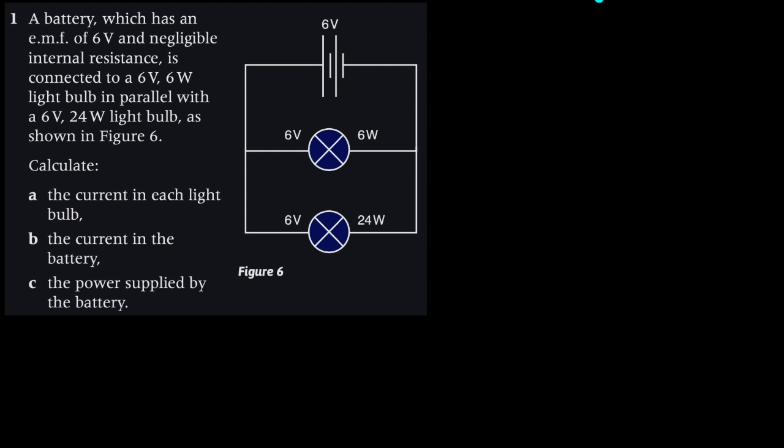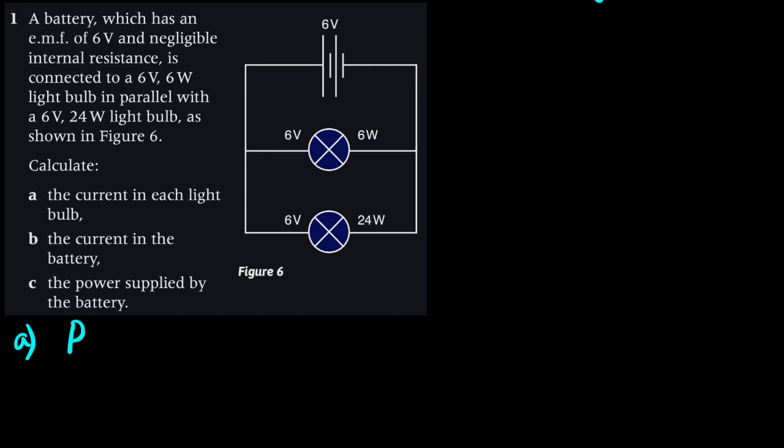So in each light bulb, how can we calculate the current? Because both of these are in parallel, the potential difference across this is also going to be 6, equal to the EMF of the battery, which is 6. So if we know the voltage and we also know the power, then we can calculate the current which would be flowing in each of those branches.